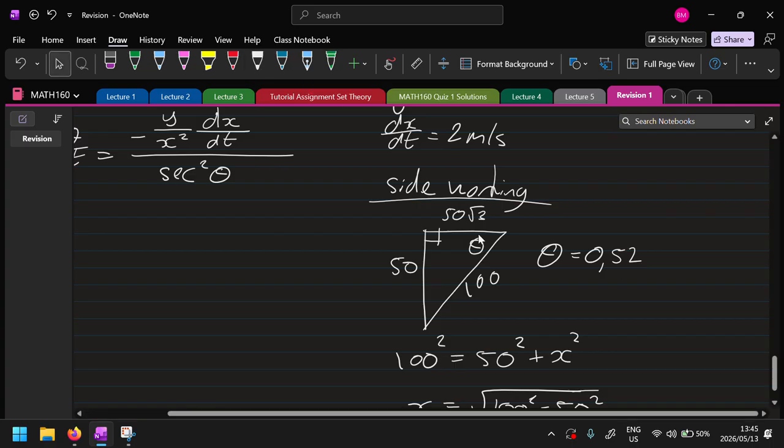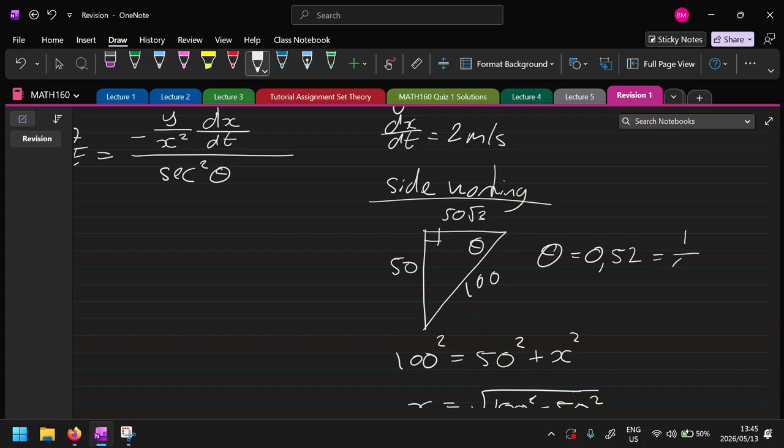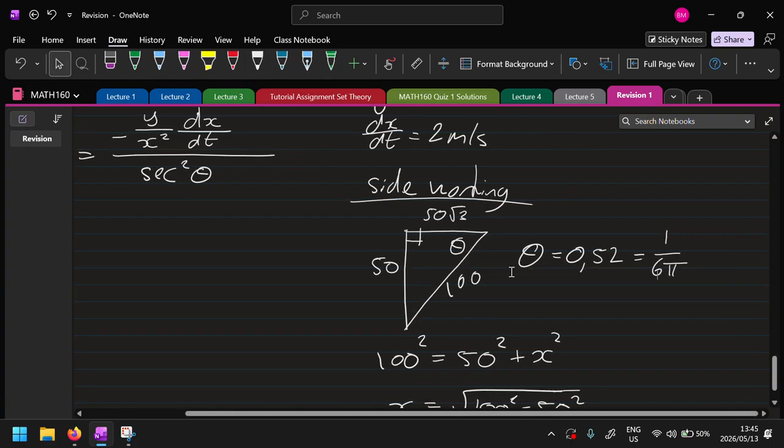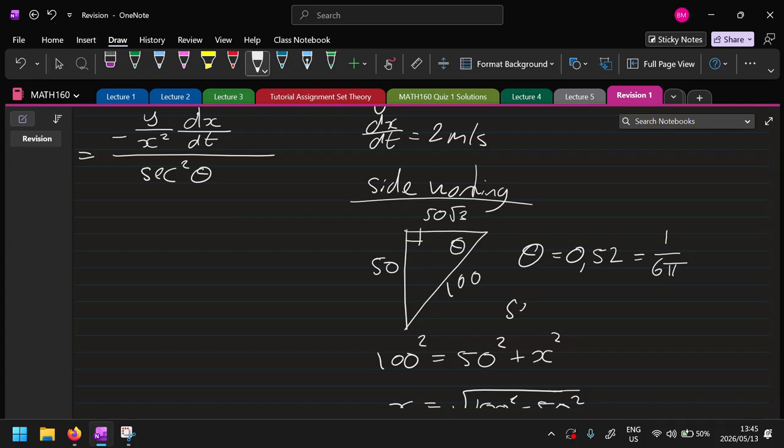Okay. 1/6 pi. Like that. Okay. So yeah, you can find theta like that using the trig ratio. Or like you said there, we can use the side length here for the sec ratio. So sec theta. Remember, we need sec for that.